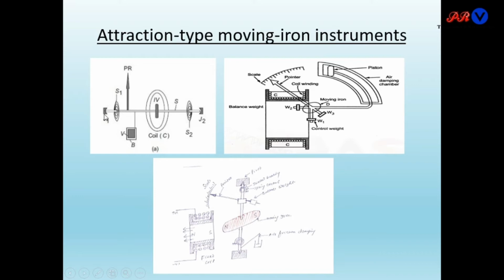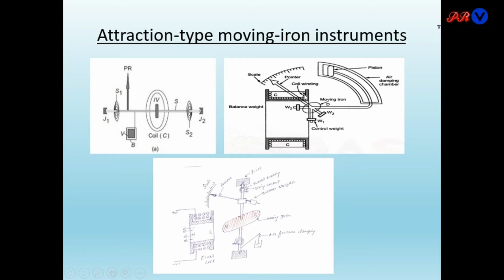This spindle is free to move over the jewel bearings J1 and J2, and on this spindle our pointer is attached. This pointer will get deflected when current is passed through this coil. So this is the very simple basic principle of the attraction type moving iron instruments. Another diagram shows the same thing.